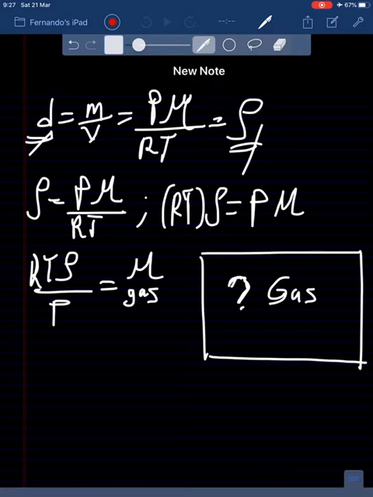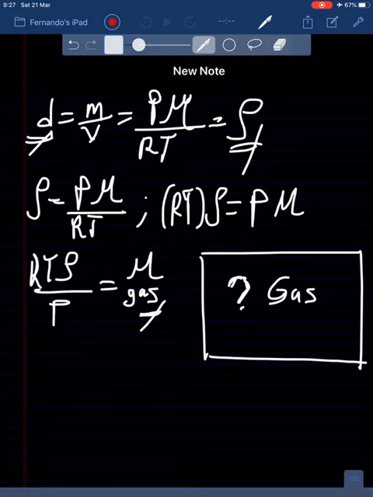Well, with the molar mass we can have a better understanding of which identity this gas has. And how are we going to measure? Well, we have to measure our system. That's the thing about thermodynamics: you might know a lot of things about the substance if you know a lot of things about the system.